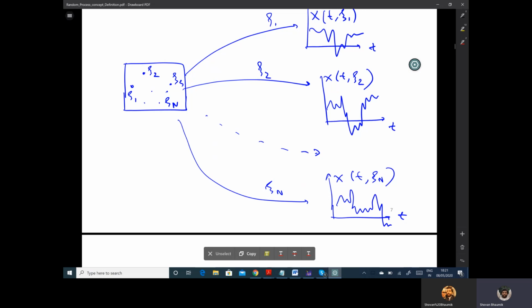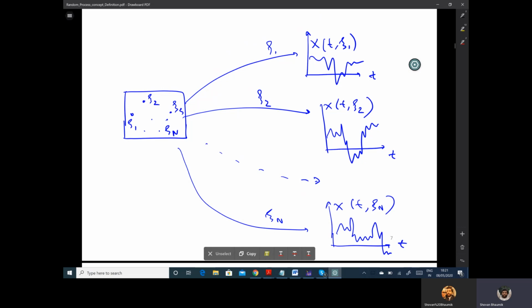So with each outcome we have a function of t assigned with it. Each individual function is called a sample function. This is a sample function, this is a sample function. Each is a sample function, and when we consider all the possible zeta, we have all the possible signals, which is called the ensemble.